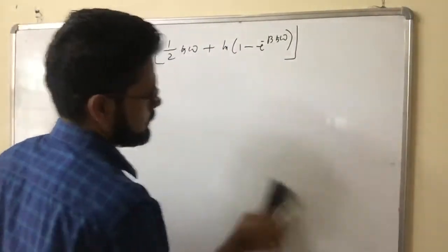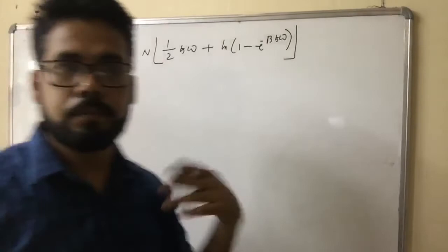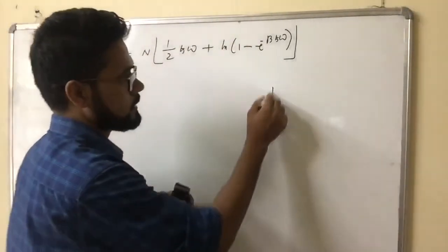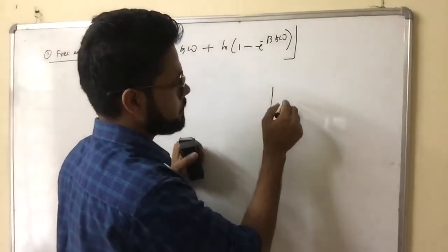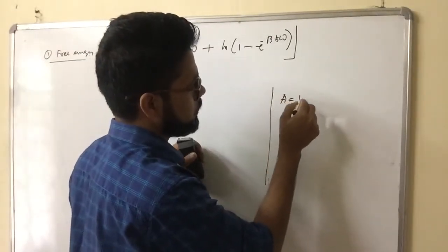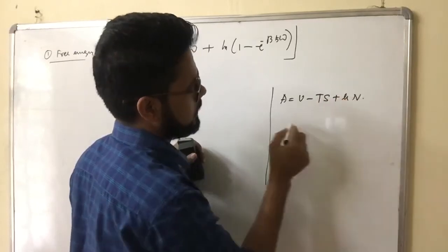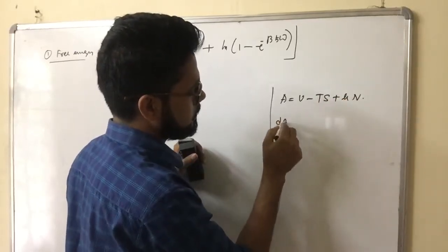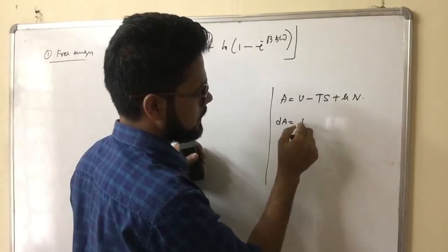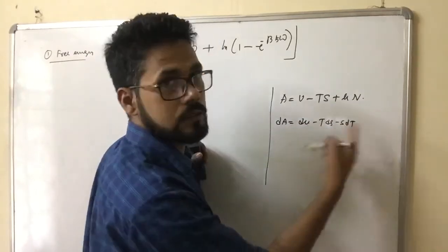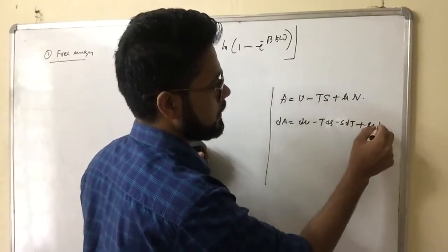Now this is the free energy. What parameters can we calculate from it? You can easily get them, because yesterday I gave you the formula A equals U minus TS in the canonical system. From this equation, differentiating, dA equals dU minus T dS minus S dT, and dU equals T dS minus P dV plus mu dN.